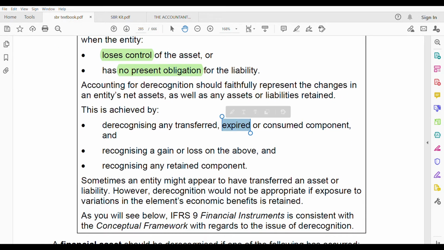Accounting for derecognition should faithfully represent the changes in an entity's net assets as well as any assets or liabilities retained. This is achieved by derecognizing any transferred or expired or consumed component.